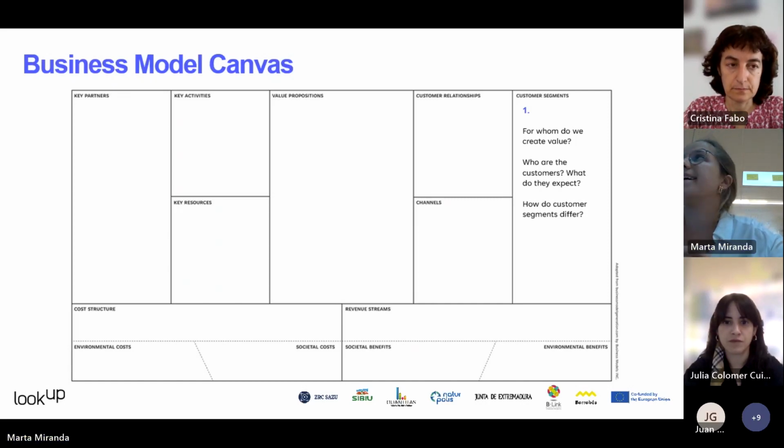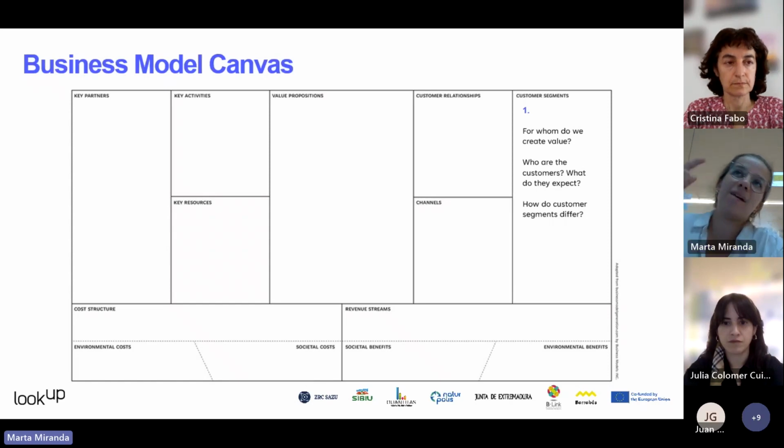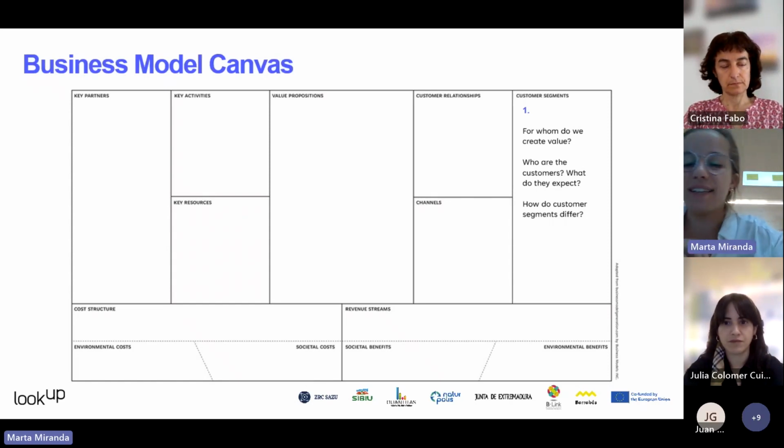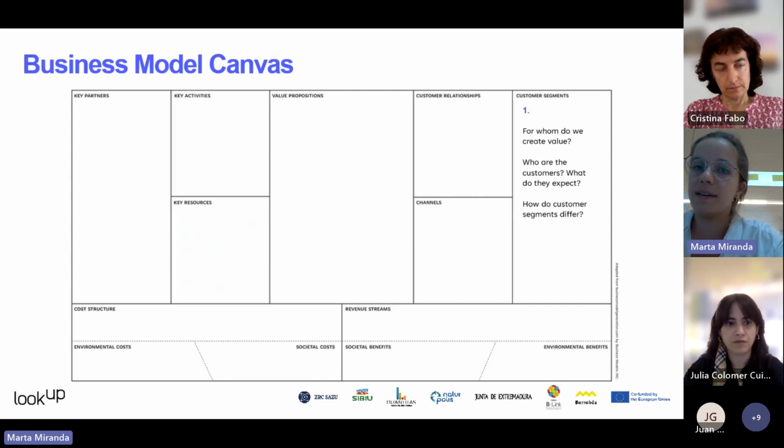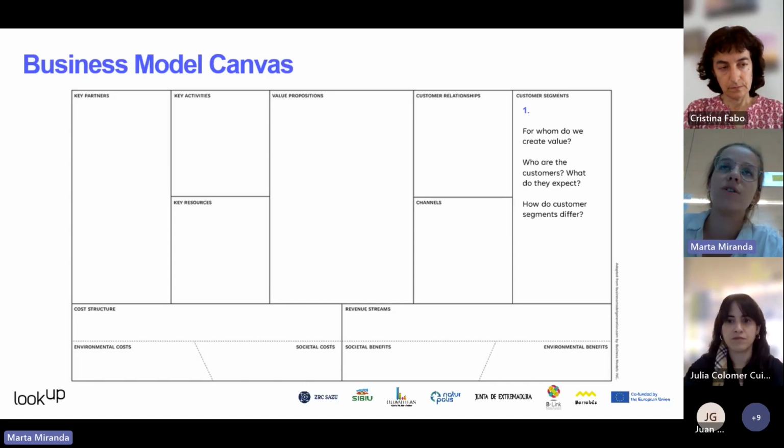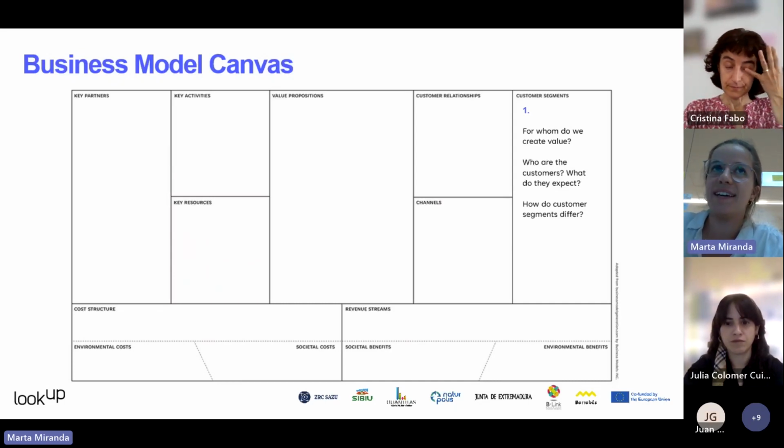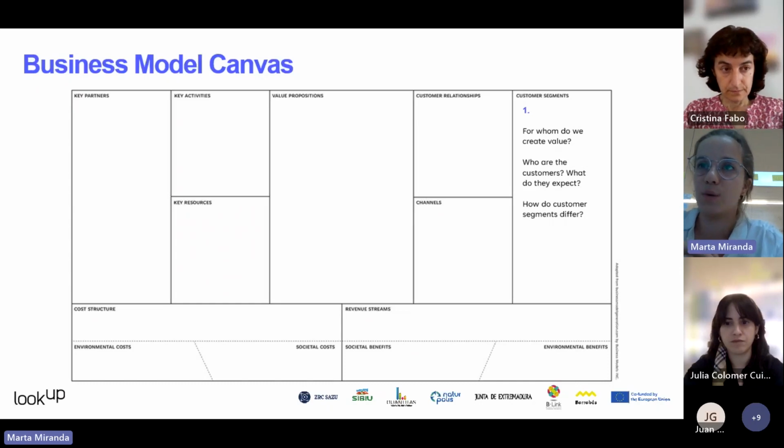I have an example of a friend who was talking about the idea of another friend, who was really concerned about the plastic in the sea, and he thought it would be a very good idea to launch a business where people could go with a net connected to the swimming suit.